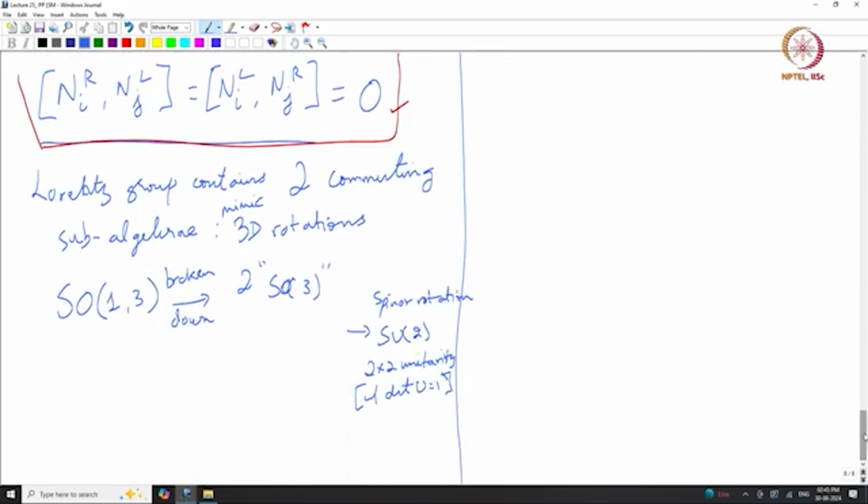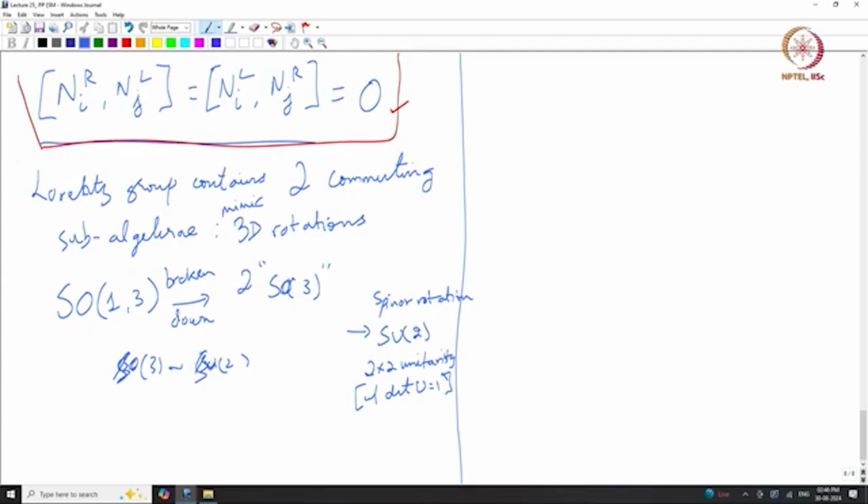Okay. So what I am trying to say here is that this is not actually broken down to two SO3s, it is the cousin of SO3. Remember SO3 I once wrote, it is like SU2. Or I can even write it with capital letters which actually represent the groups.